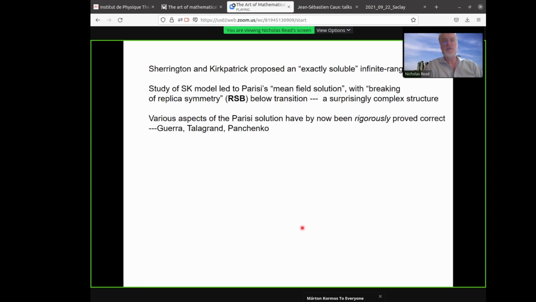Then Sherrington and Kirkpatrick proposed an exactly soluble infinite range model. And that led to Parisi's mean field solution, which has quite a complex structure, as is well known. And many aspects of that solution have been proved rigorously by now to be correct.